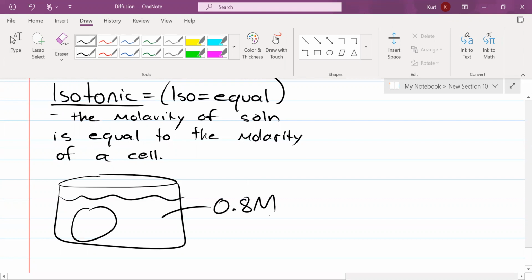Somebody tell me, what would the molarity of the cell be in order for this to be isotonic? It would have to be 0.8. And there would be no net movement. They're equal. So water would go in, but the same amount of water going in would have to equal the water going out. So if I have one arrow going in, I have one arrow going out. One arrow going in, one arrow going out. It's equal. No net change. I have 20 students in this class. If 20 students exit and 20 students enter, I get no net change.